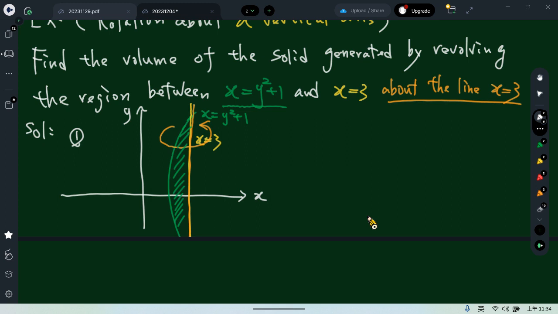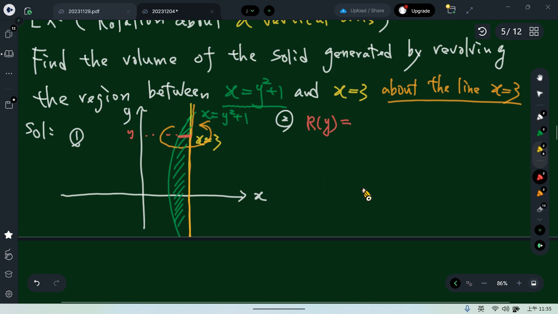Then the second part is we need to find the area of the cross section. How to calculate it? We also need to focus on the radius. The radius depends on which y. So r of y should be 3 minus (y squared plus 1), because you want to use this as a radius to generate this.